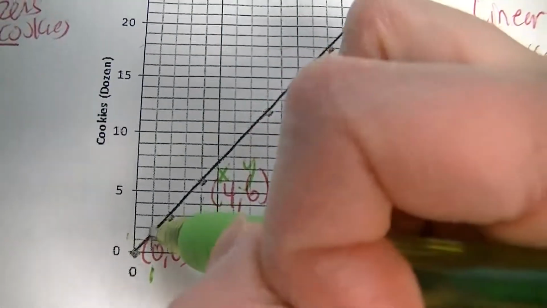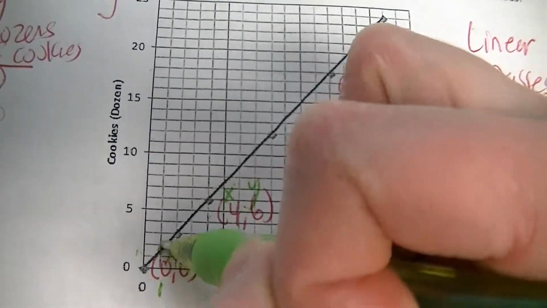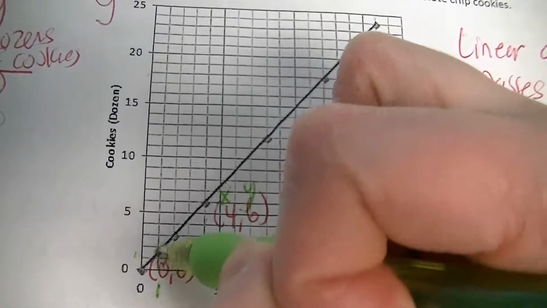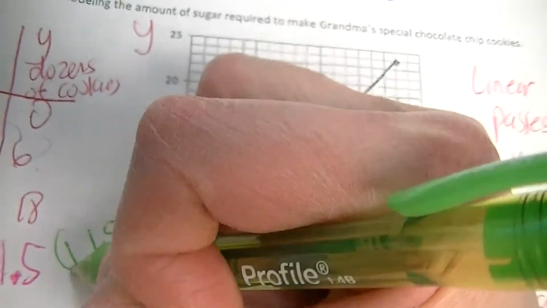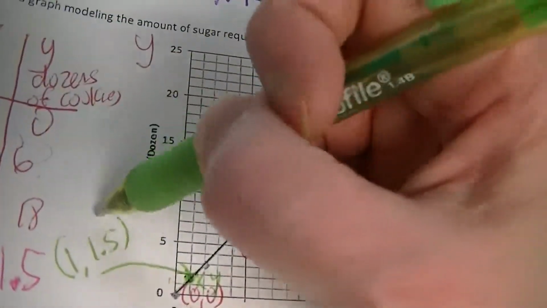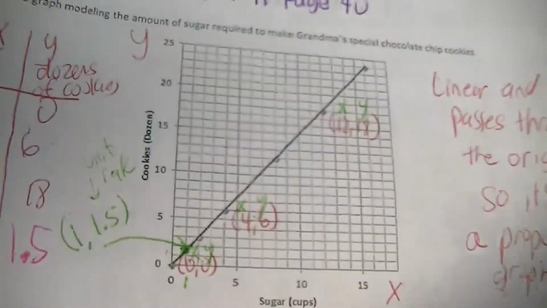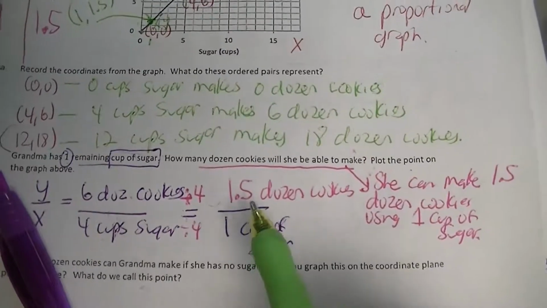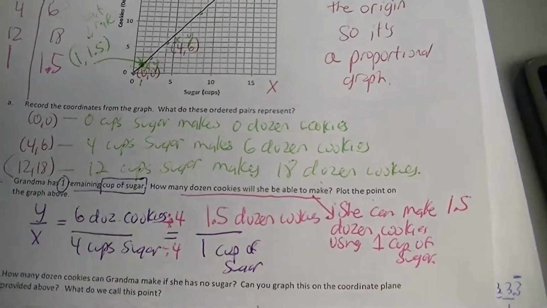So 1 5/10 is right there. And remember, when x is 1, the corresponding y value is the unit rate. So right there, that's the unit rate. The unit rate means there's 1.5 dozen cookies that can be made using 1 cup of sugar.